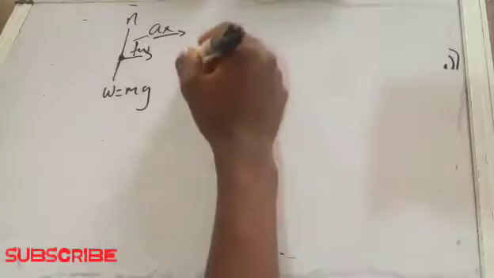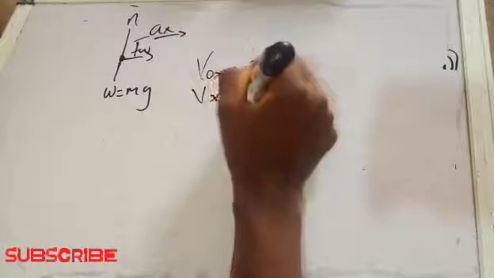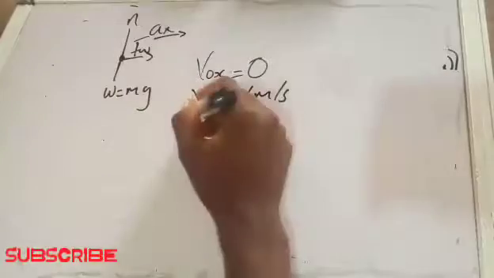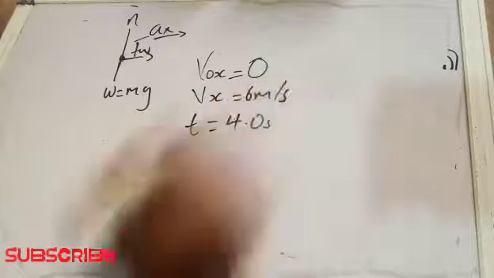Now to find the x acceleration, note that we are told that the ice boat starts from rest, so that its initial velocity v0x is equal to 0, and it attains an x velocity of 6 meters per second after an elapsed time of t equals 4 seconds.